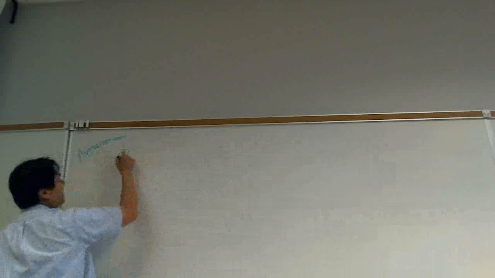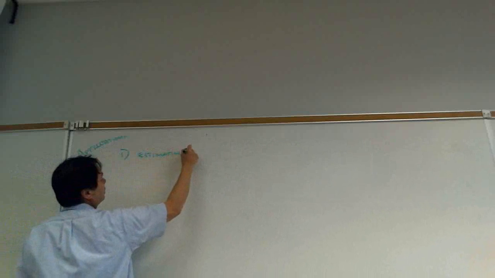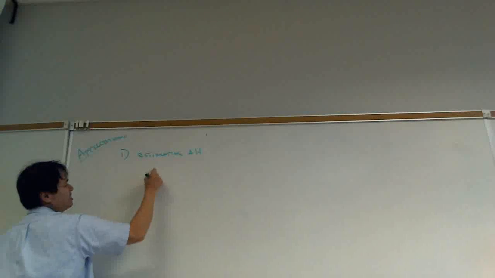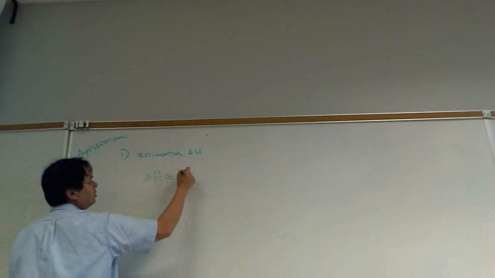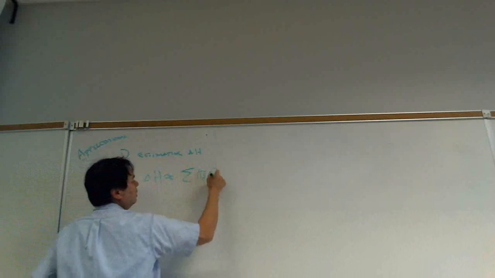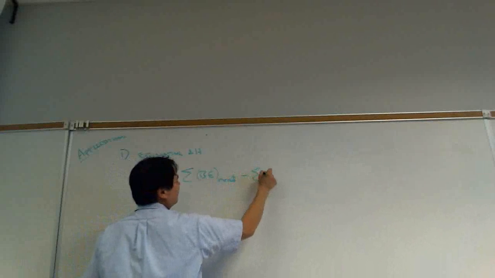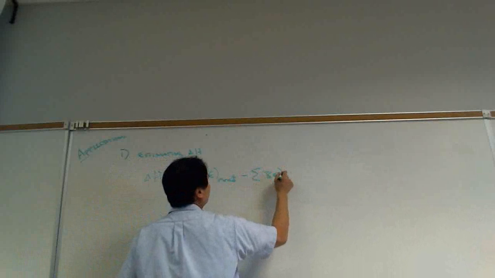Okay, one application is estimating delta H. Delta H is about equal to the sum of the bond energies for the reactants minus the sum of the bond energies for the products.